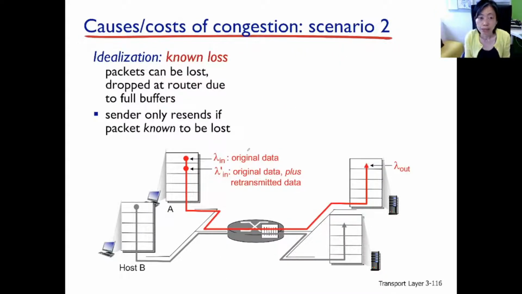To be more realistic, let's assume the sender does not know whether the buffer space in the middle here is going to be free or full. So we'll have packet loss in this case, because when the packet arrives at the full buffer, it's going to be dropped. And in that case, they will have to resend the packet. So for a packet arriving at the sender side of the transport layer, we keep a copy.